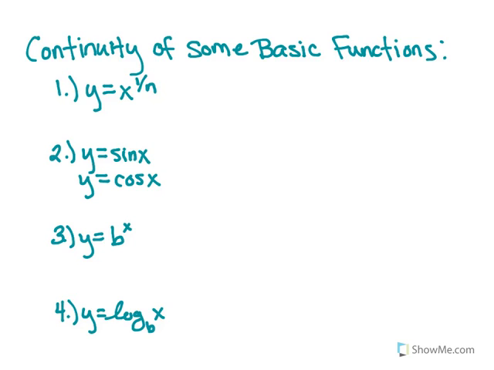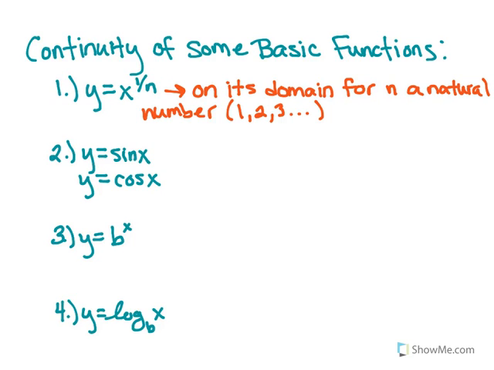In other words, like square root, cube root, fourth root, etc. So the way to find the continuity of one of these functions is it's just continuous on its domain as long as n is a natural number. So 1, 2, 3, 4, 5, it's like you're counting numbers. It doesn't really work for negatives. You want to just make sure that you know the domain of that function. As long as you know the domain, then that function is continuous on that domain.